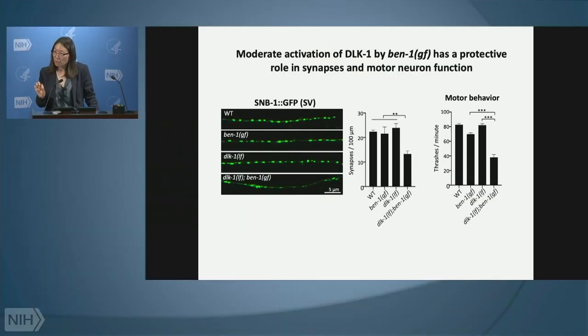This is the opposite of what happens when we did RPM1 loss of function and took out DLK: we restore synapses. But in BEN1 gain of function, when we take out DLK, we actually make the synapses worse, the motor behavior worse. This is a moderate increase of DLK level.